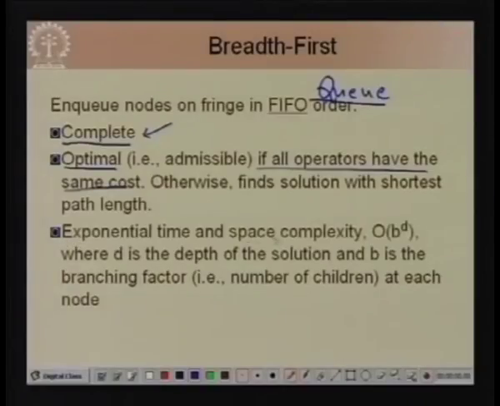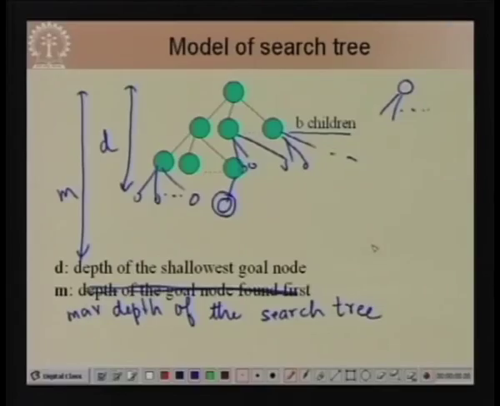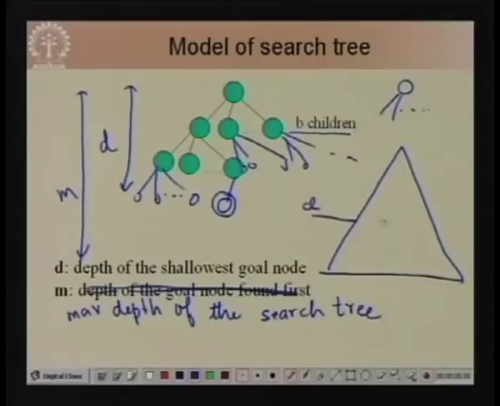And finally, about the time and space complexity. So, if we go back to the previous slide, you see, suppose this is the search tree and this is depth D and there is a goal here at depth D, G1 is at depth D. Breadth first search will expand all the nodes up to depth D minus 1 and some of the nodes at depth D in order to get this solution.